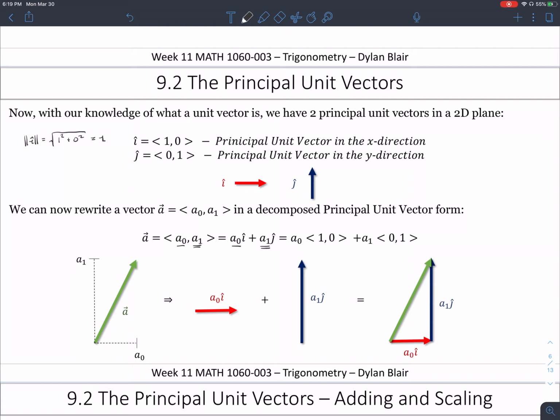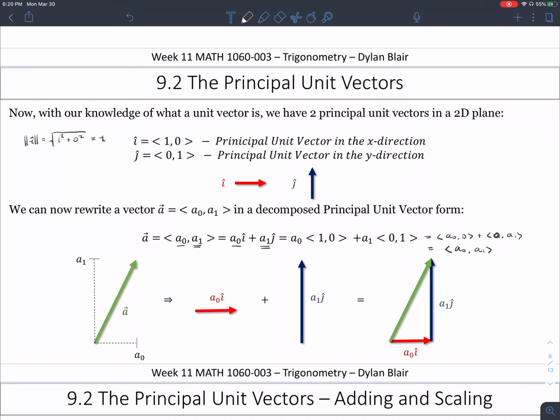So this is just A naught scaling 1, 0 plus A1 scaling 0, 1. If we were to distribute these back through, we just have A naught, comma 0 plus 0, comma A1, and we add them component-wise. A naught plus 0 is going to give us A naught, and 0 plus A1 is going to give us A1.